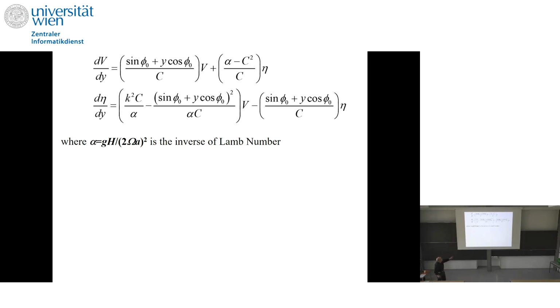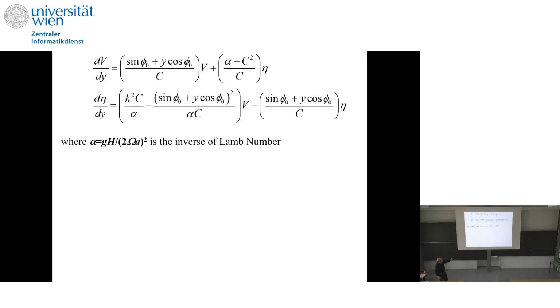And we have the V dy equals a combination of V and eta, and the eta dy is also a combination of V and eta, which is what we should have expected because there are no nonlinearities. Everything inside these coefficients is what we know: either the sine phi 0, which is f, cosine phi 0, which is beta, and c, the phase speed of the wave.